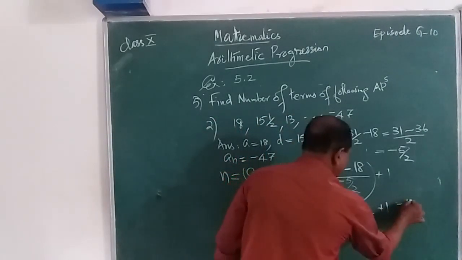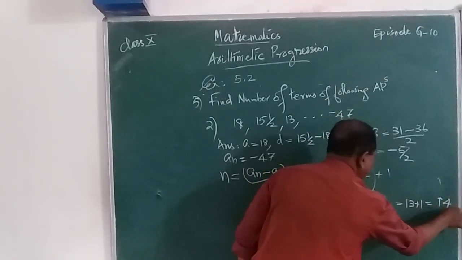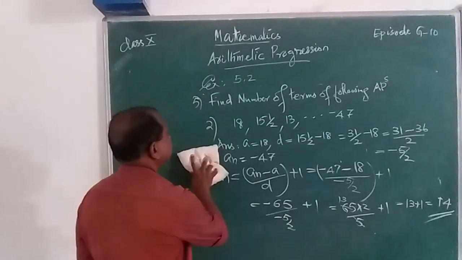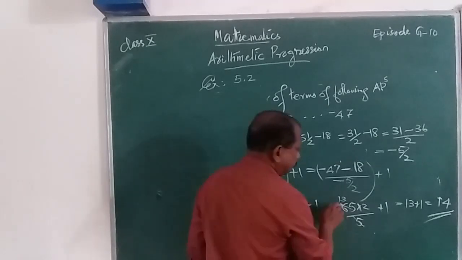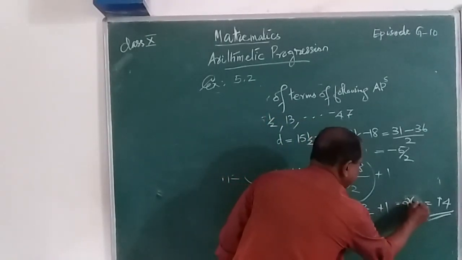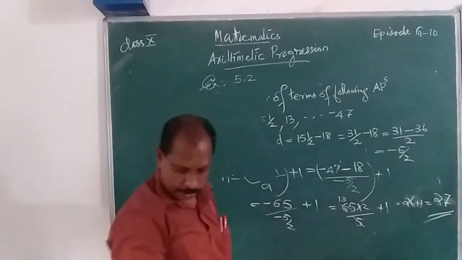Therefore it is 13 plus 1 is equal to 14. Therefore, number of terms is 14. That is 13 into 2, that is 26 plus 1 is equal to 27. That is the correct answer.